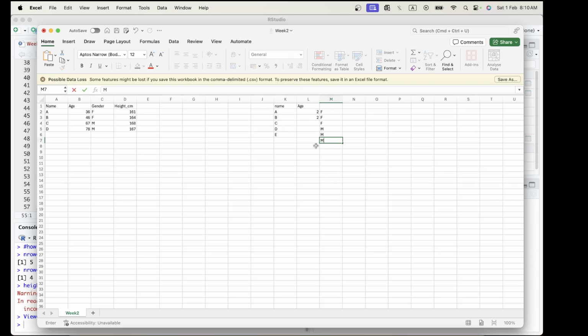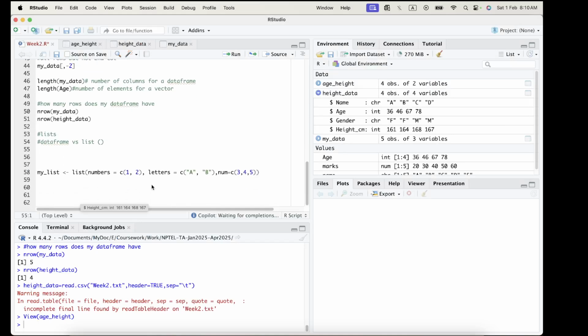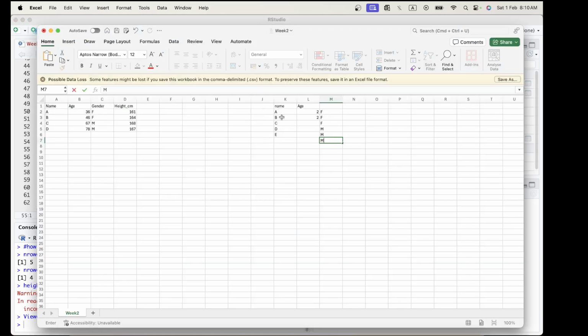So if we have uneven rows, then the best way to store this information would be in the form of a list, provided we don't want, like everything will depend on the objectives that you are trying to achieve.